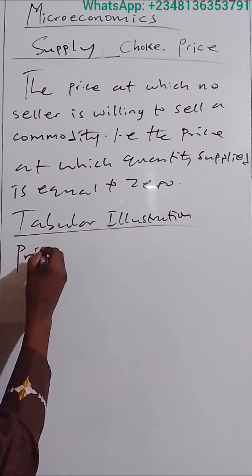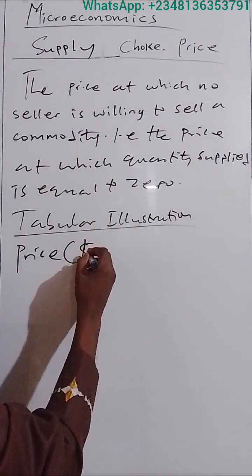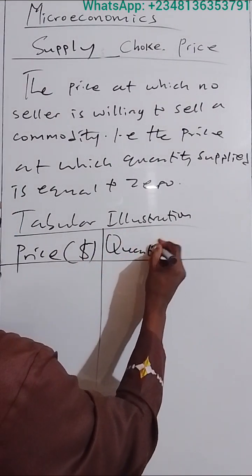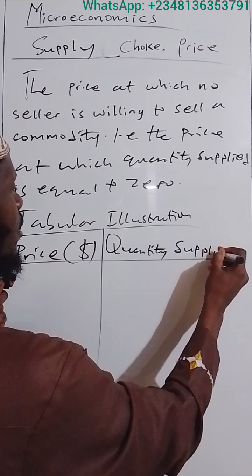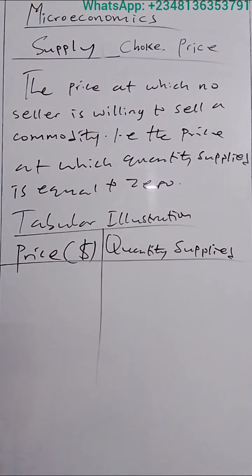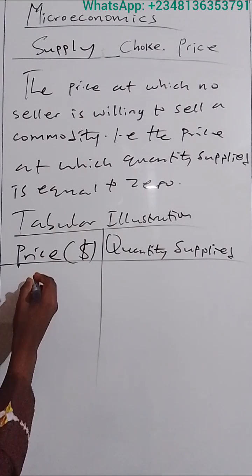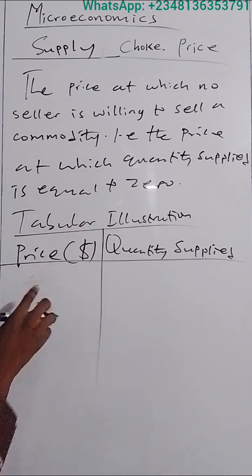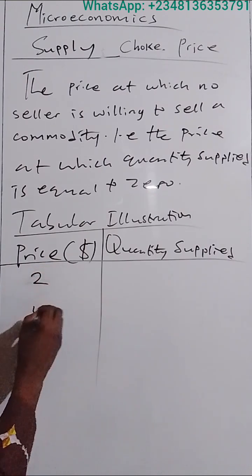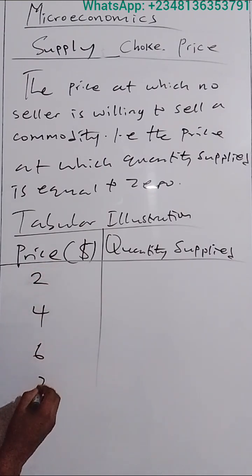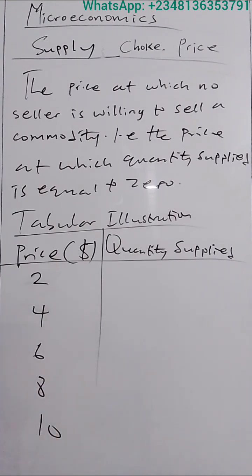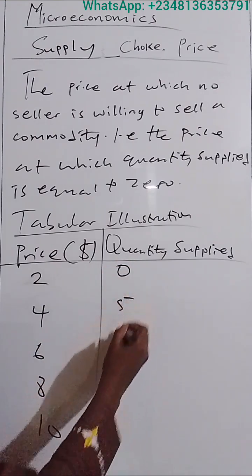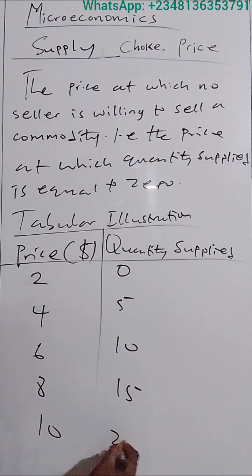Let's say we have the price of a commodity in dollars, and quantity supplied. For the price, let's say we have 2, 4, 6, 8, and 10. For quantity supplied, we have 0, 5, 10, 15, then 20.